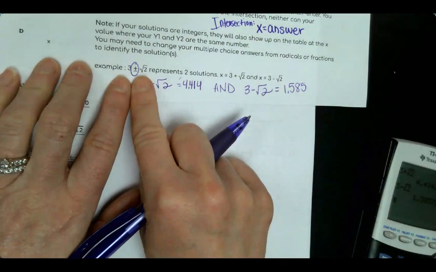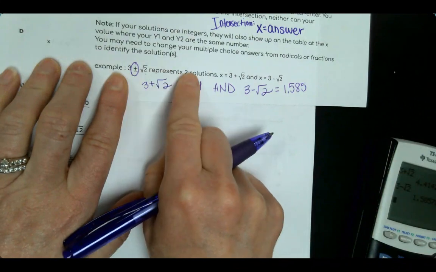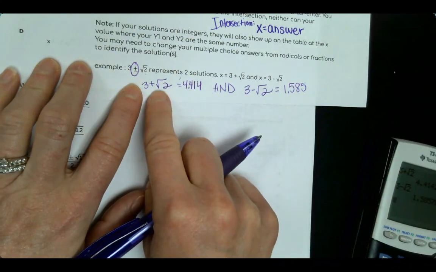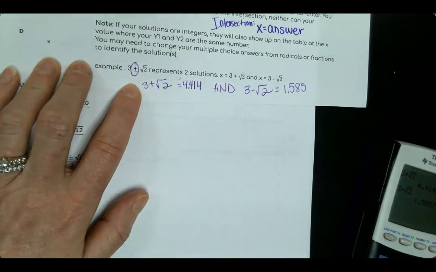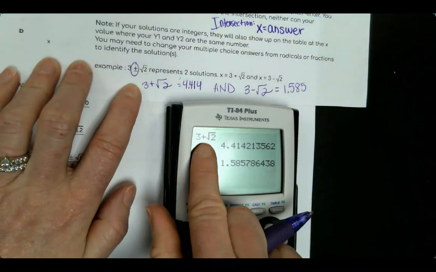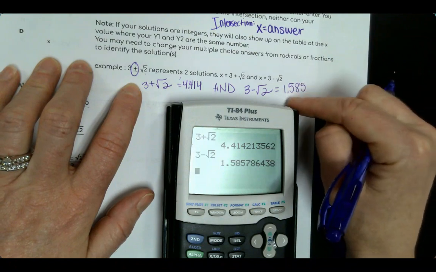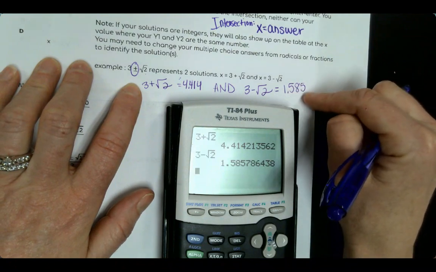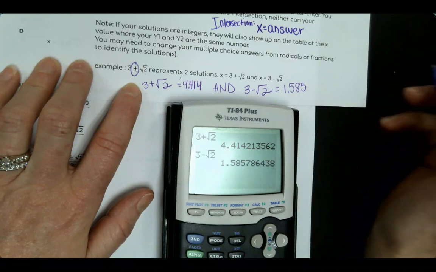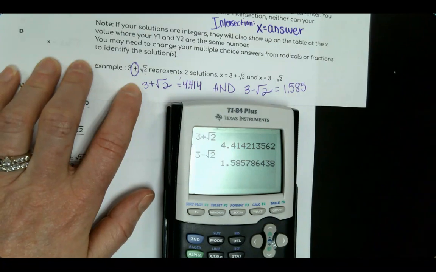The 3 plus minus square root of 2 means you have 2 solutions. You do 3 plus square root of 2, convert it to a decimal by putting it in the calculator like this. And you have another solution where it's 3 minus square root of 2. And so you find that. So what this means is that quadratic intersects at 2 different locations.